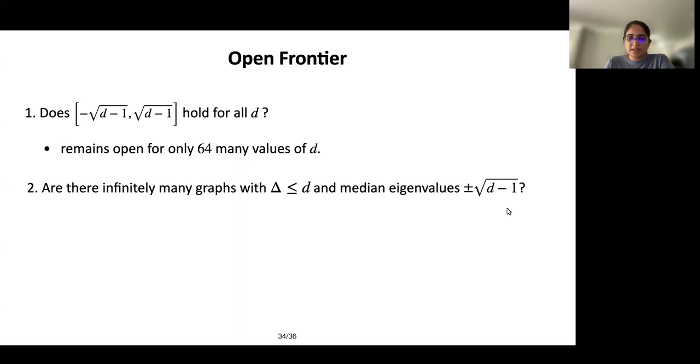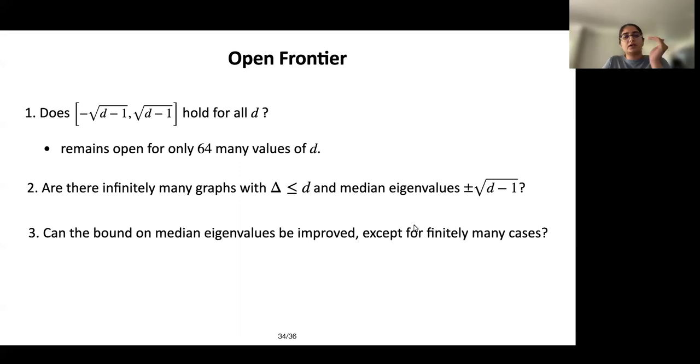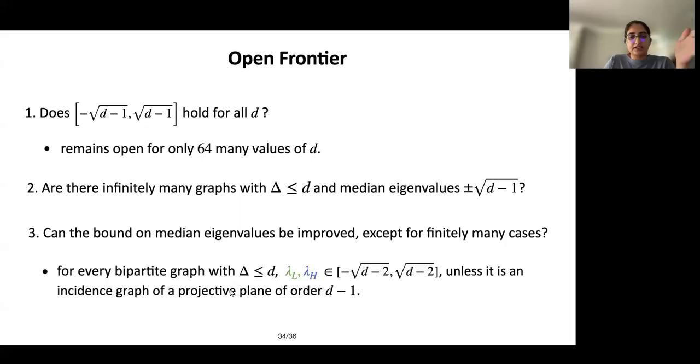The next question is: if the answer to question 2 is false, that is, there are only finitely many such graphs, then can this bound be improved further? For example, in the case of bipartite graphs, this was true, as in the bound was improved further with only one exception.